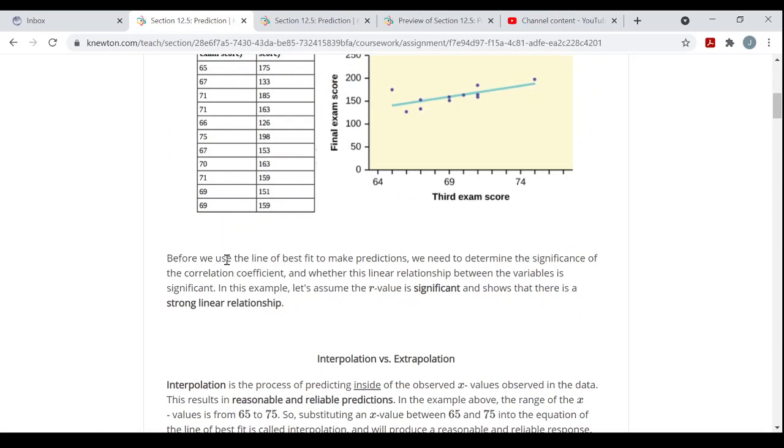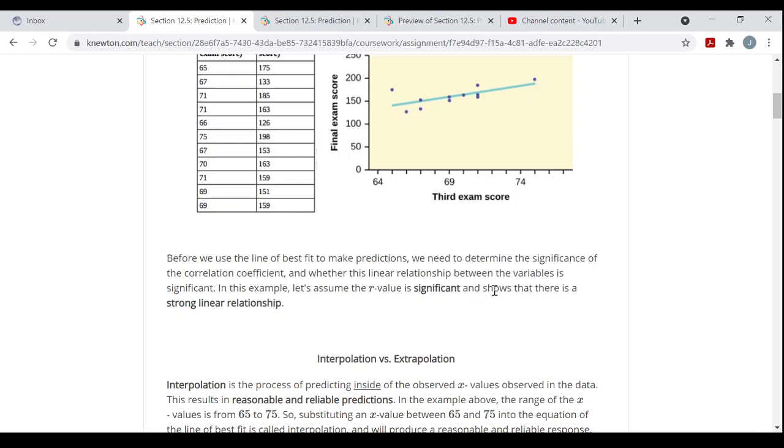Now, before we use the line of best fit to make predictions, we need to determine the significance of the correlation coefficient and whether this linear relationship between the variables is significant. In this example, let's assume the R value is significant.